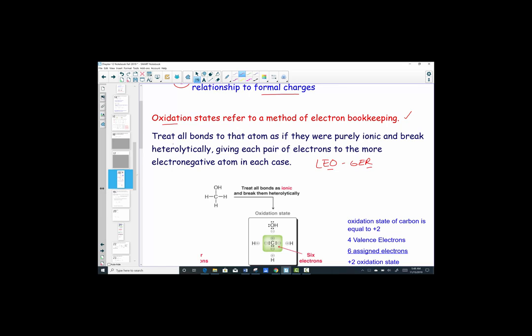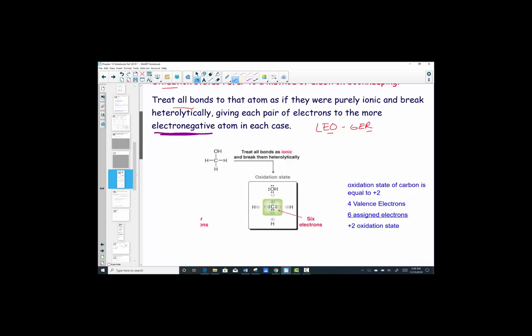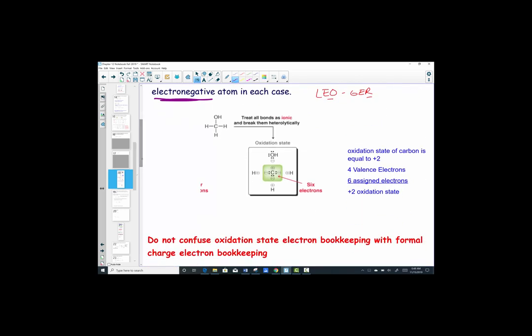We treat all bonds of that atom as if they were purely ionic and break heterolytically, giving each pair, and this is a critical part, to the more electronegative element. Let's decide what to do with this example. Here we have carbon attached to a hydroxide and 3 hydrogens. This is just methanol, an alcohol with 1 carbon leading to the hydroxyl group. When we break a bond, this is different than formal charge.